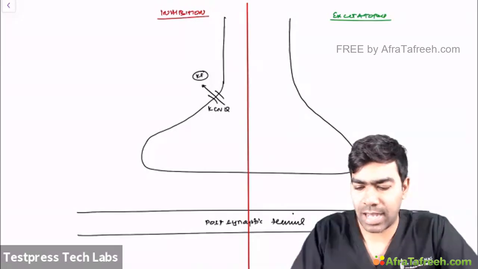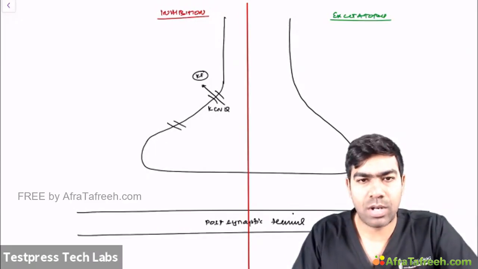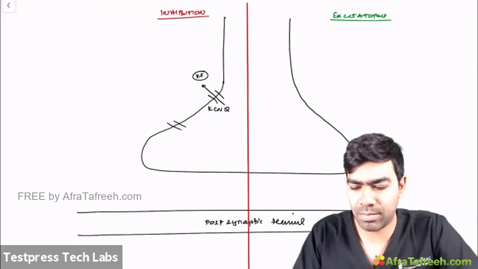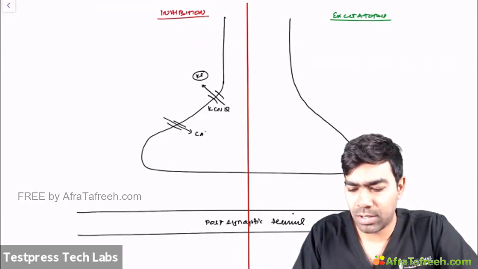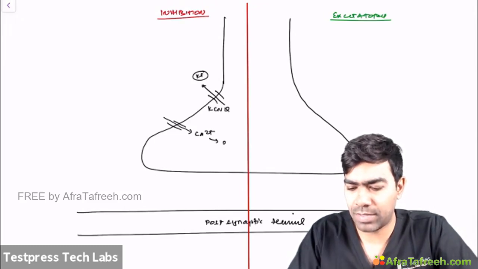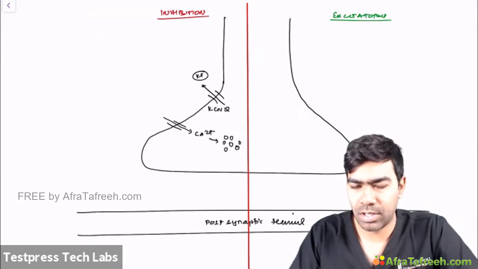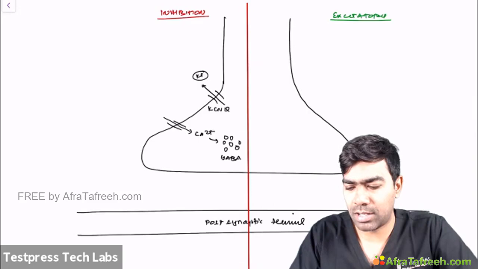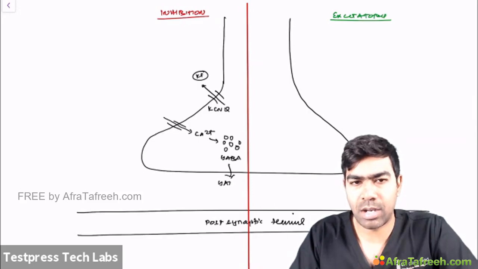And we have calcium channels. We clearly know that these calcium channels are going to push calcium into the presynaptic terminal, so that this calcium can act on the vesicles that contain GABA, for example, and they can release GABA.